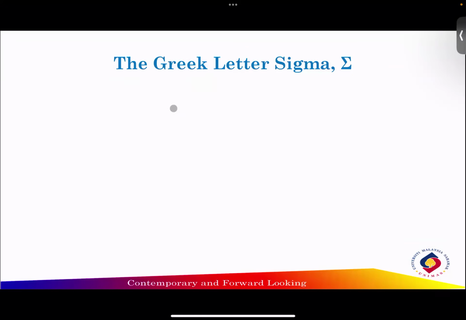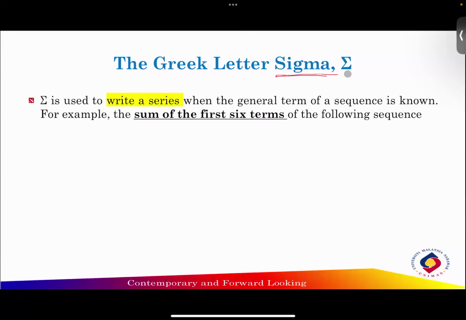The Greek letter sigma, I'm sure you have heard of sigma. This sigma is different from the sigma that people normally talk about. This sigma is a mathematics sigma. Sigma is used to write a series when the general term of the sequence is known.